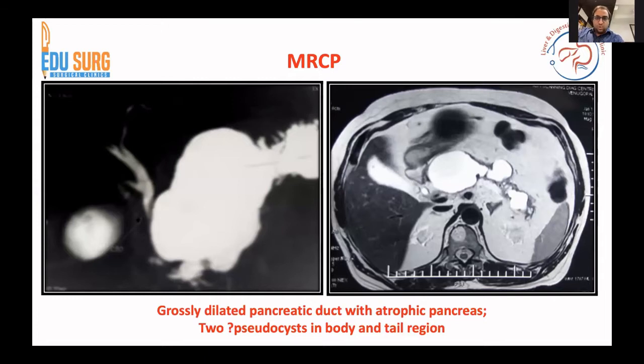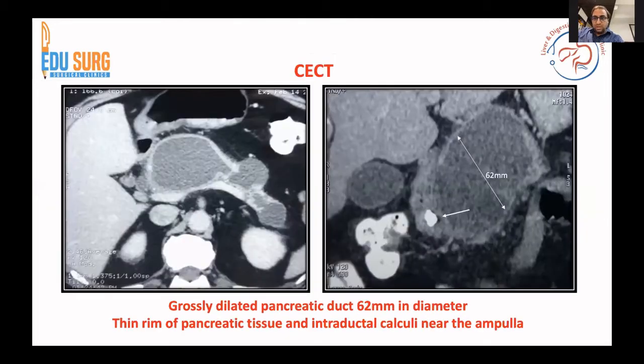I don't see any obstructing stones in this MRCP, so possibly this patient has a very tight stricture. So there are calculi, and this patient requires intervention. With calculi and such a huge dilated duct, it would be prudent to intervene by doing an ERCP and ductal extraction of the stone.